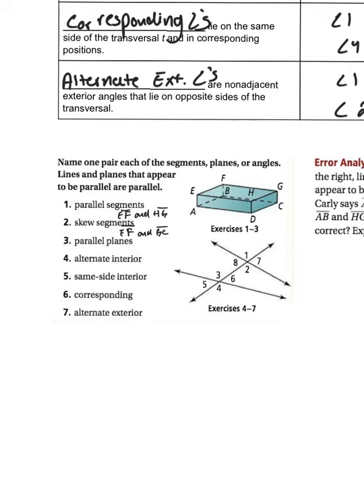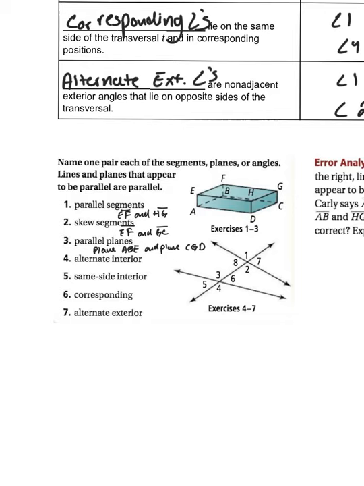Parallel planes, we have plane ABE and plane CGD. Now, for 4 through 7, we're looking at the two lines and the transversal.